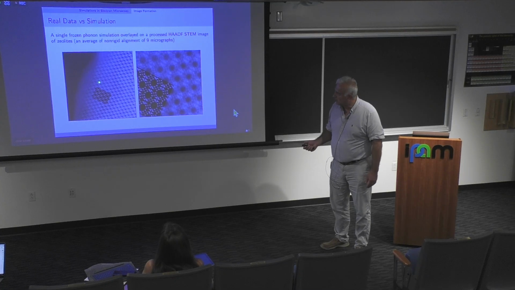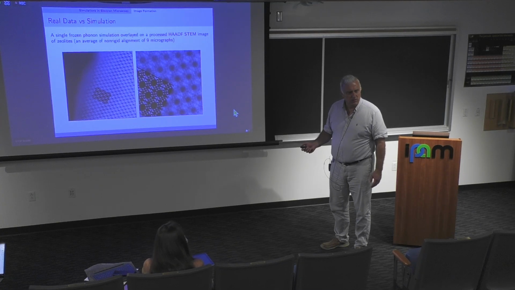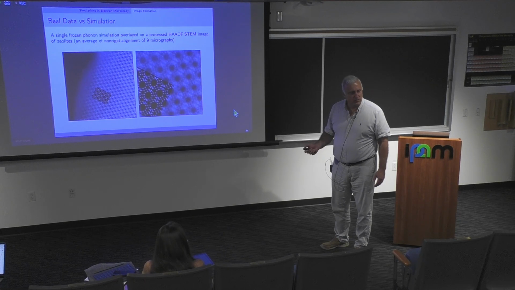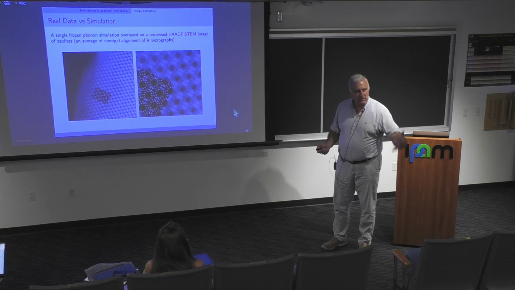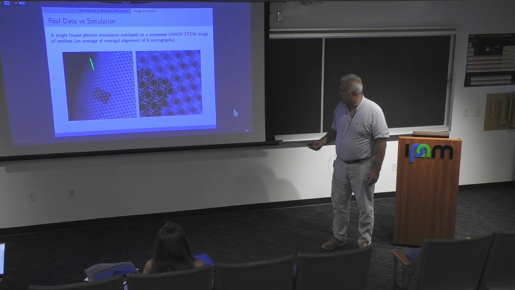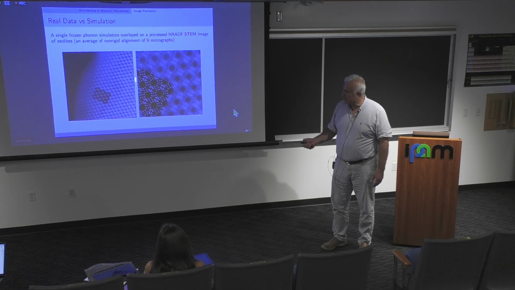I think we did 32 micrographs, but only the first 9 were good. The others were already damaged by the beam. But we used the first 9 to get this structure, and this is the single frozen phonon simulation. It is not averaging 100 times. That's why it is so sharp.